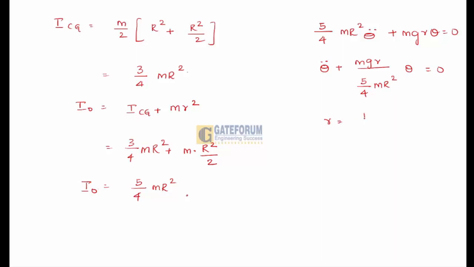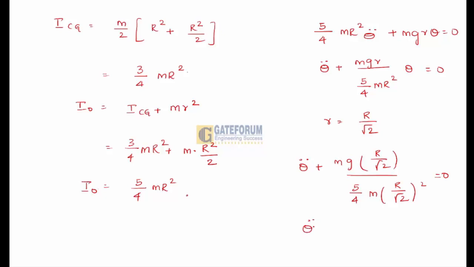We all know small r equal to R by root 2. Substitute back: theta double dot plus mg R by root 2 by 5 by 4 M into R by root 2 whole square into theta is equal to 0, that is theta double dot plus omega n square theta equal to 0.